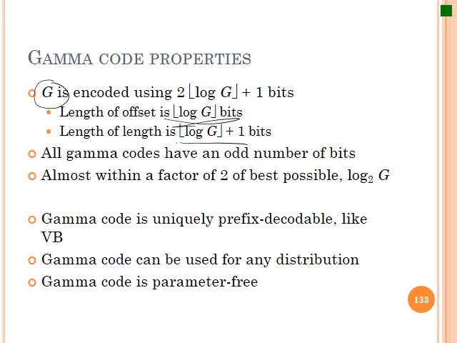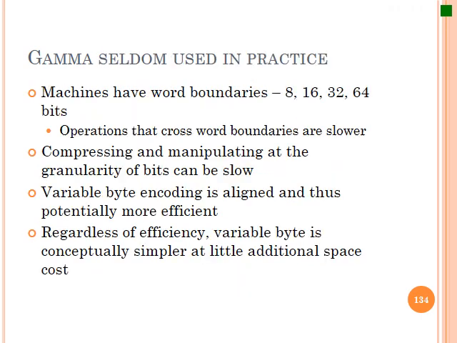All gamma codes have an odd number of bits, and are within a factor of 2 of the best possible, log2 G. And again, gamma code is prefix decodable. It can be used for any distribution and is parameter free.